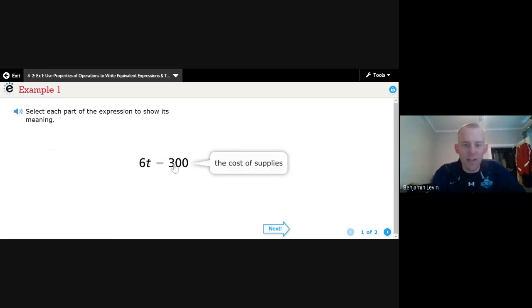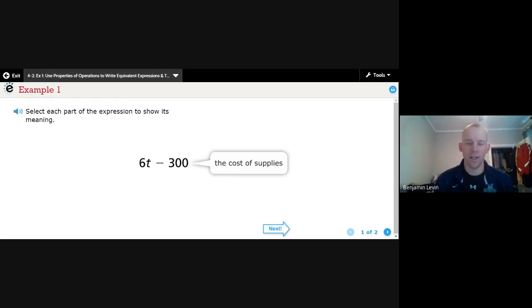Now, this minus 300 is the cost of supplies. Whatever they make, they have to subtract 300 to pay back the people who bought the supplies. Typically when you organize a fundraiser or an event, the people that buy stuff will keep their receipts for what they bought.